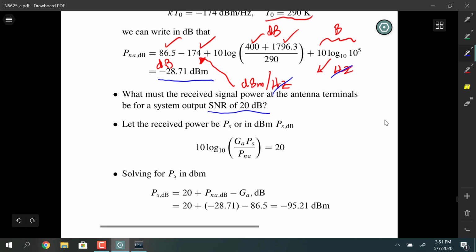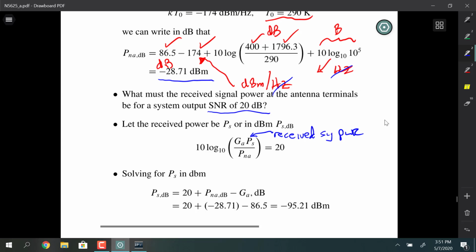So in math terms, we'd like 10 log base 10 of the received signal power to be 20 dB above the noise power, and we're doing this calculation at the back end of the receiver, so we're going to take into account the noise figure of the receiver.